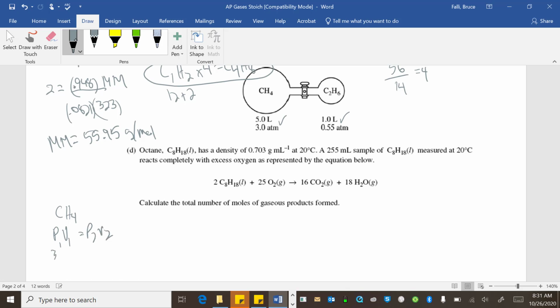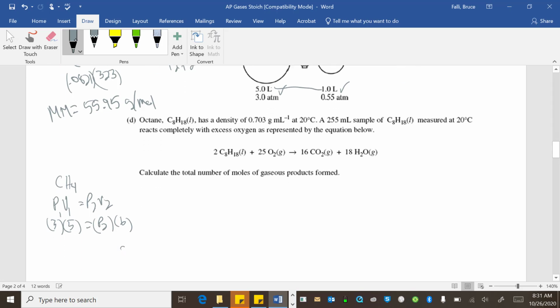P1 is 3, V1 is 5, P2 we're solving for, V2 is 5 plus 1, that's just 6. P2 equals 15 divided by 6. Notice how the pressure goes down a little bit? That makes sense, it's a bigger container.